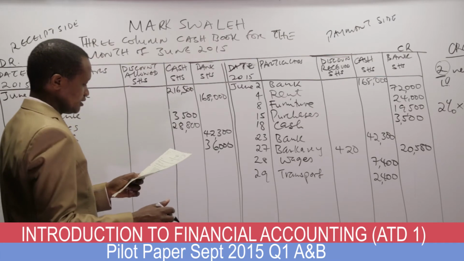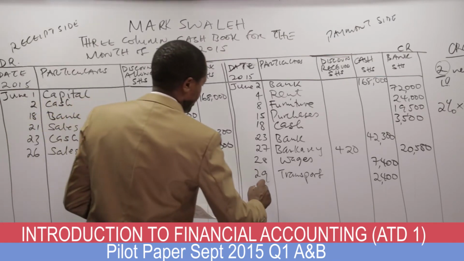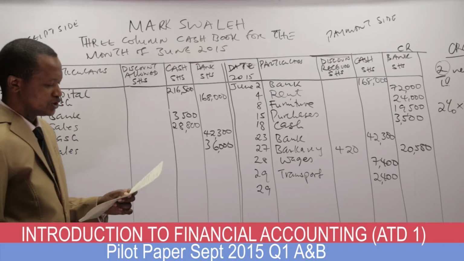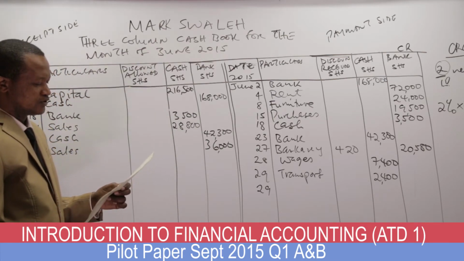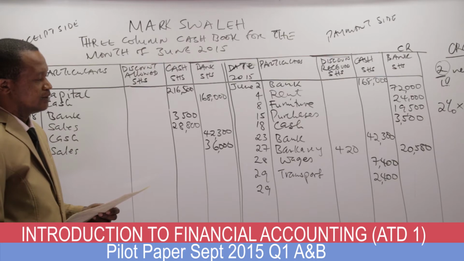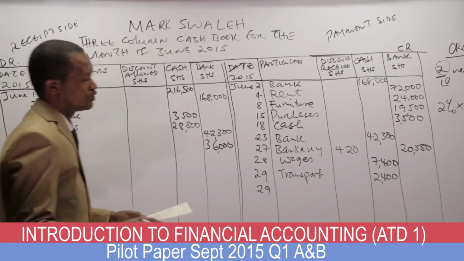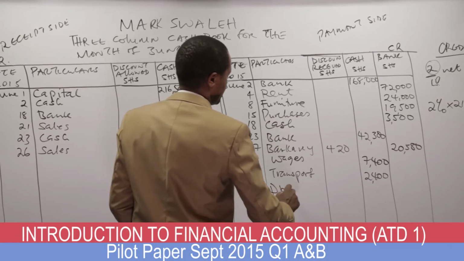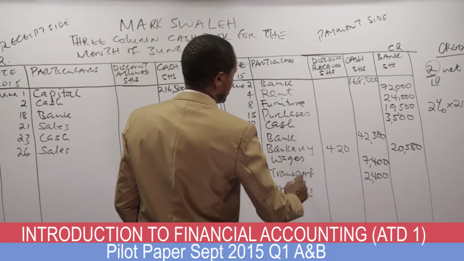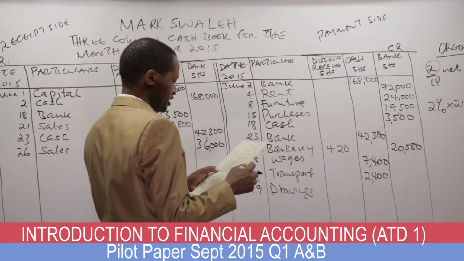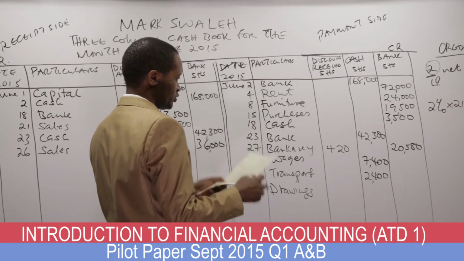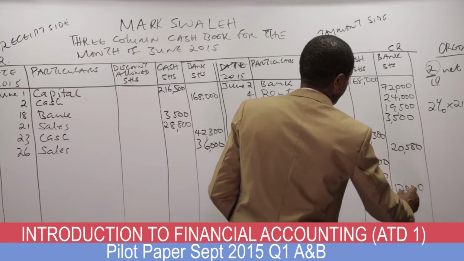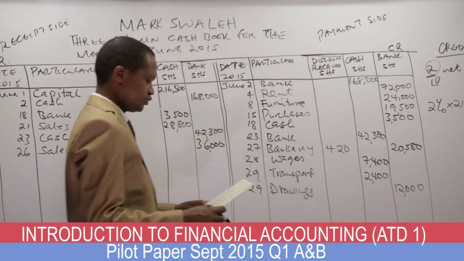Withdrew 12,000 from the bank. Money that is withdrawn from the business for personal use is referred to as drawings. So the detail here will be drawings, and the drawing is from the bank. We record 12,000 under the bank column. 12,000 has been taken from the bank for personal use.